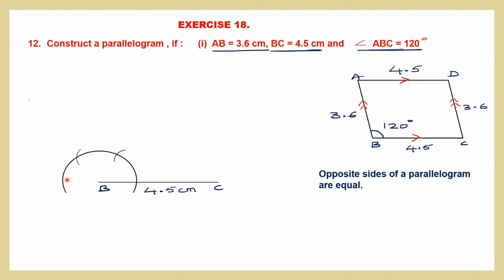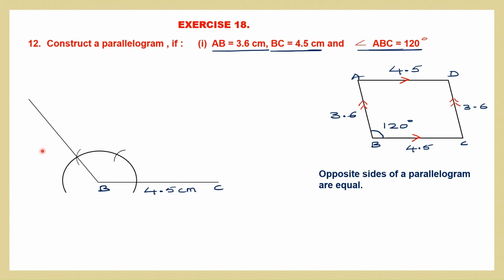So let's draw a line. So we have a line drawn here. B has been extended. So there is a point of intersection. Now we know this part is A. So how long is BA? What is the measurement of BA or AB? Go back to your rough figure. It is 3.6 centimeters. So take 3.6 centimeters on your compass and cut this line.